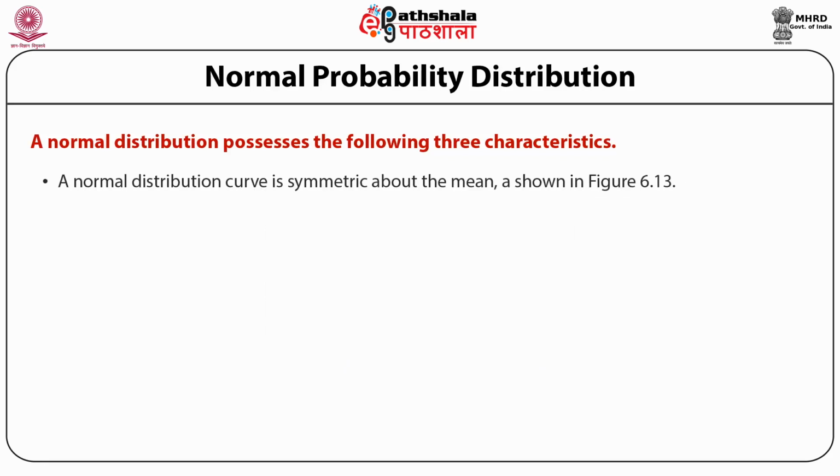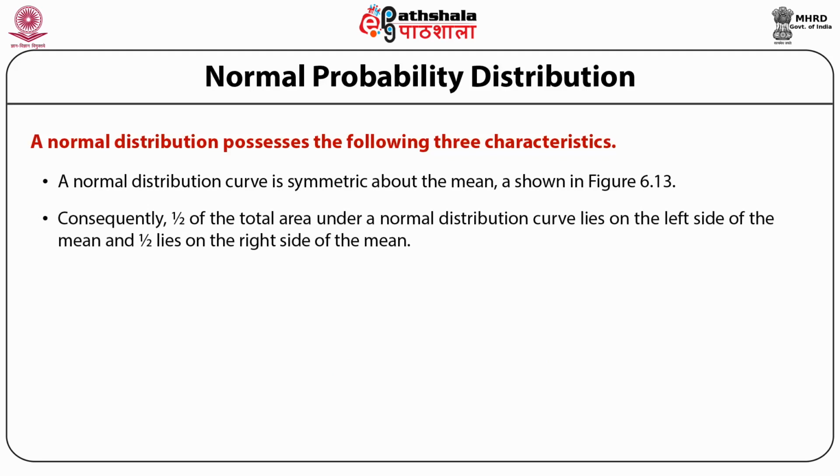Second, a normal distribution curve is symmetric about the mean as shown in figure 6. Consequently, half of the total area under a normal distribution curve lies on the left side of the mean and half of the total area lies on the right hand side of the mean.